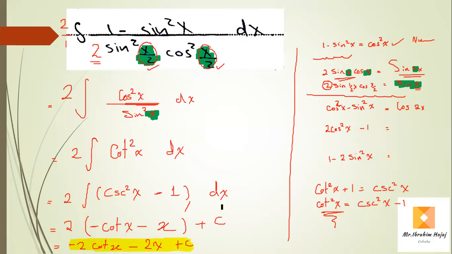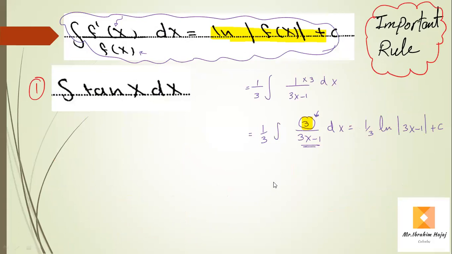Any question? Okay. We finished the identity. Sorry, the important rule in calculus here is that when we have the integral of a fraction and the numerator is the derivative of the denominator, directly the answer is ln absolute value of f of x plus c. Important rule: the numerator must be the derivative of the denominator.